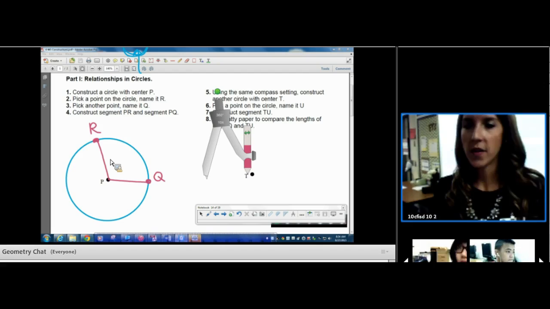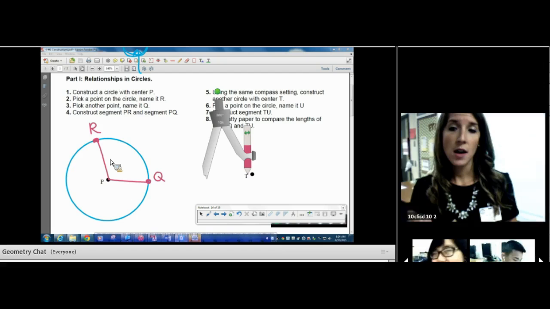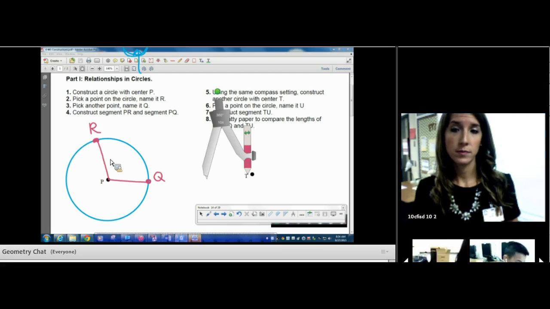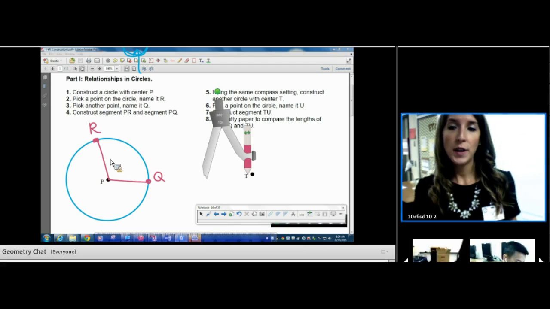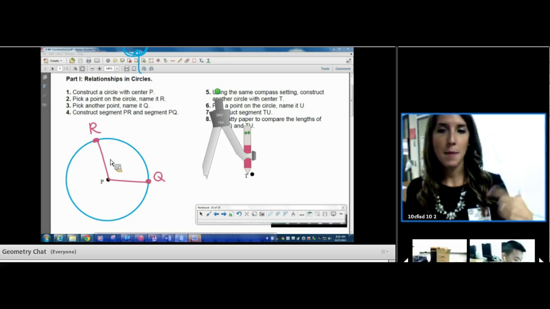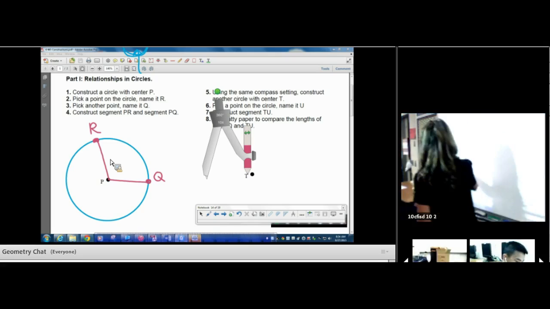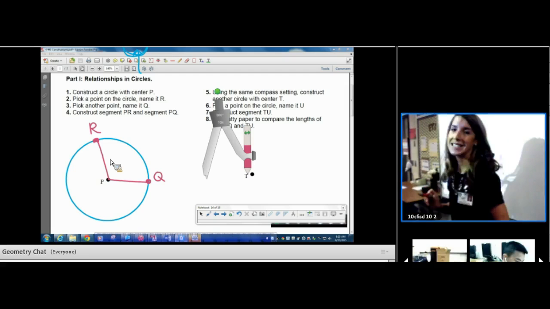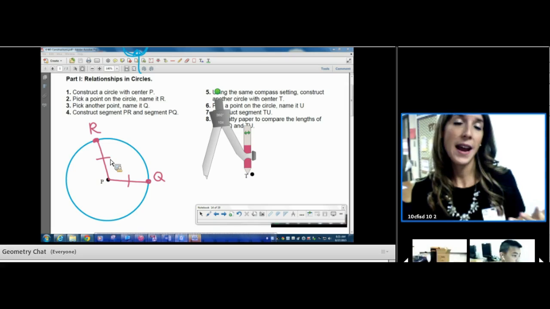Before we move on from that, I want you to think about what is true about PR and what is true about PQ. Hopefully you're saying something like, well, the length of PR is the same as the length of PQ, right? Because these are the same distance away from the center because they're both radii of a circle.